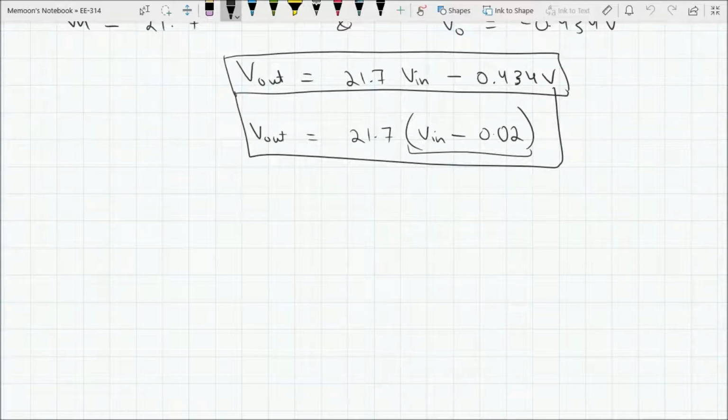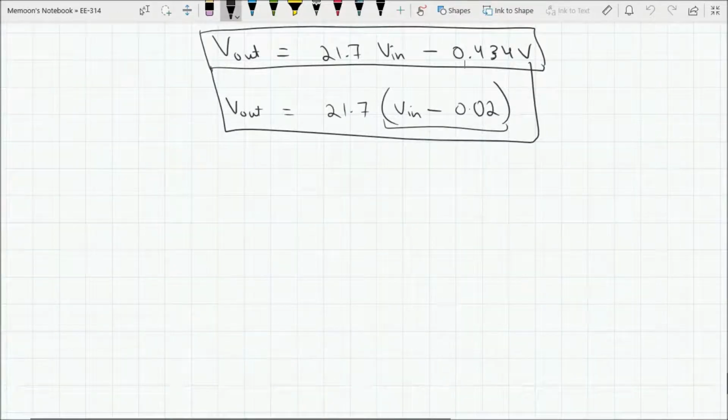You can do whatever you want. You can implement whichever equation you like. So let's see what the circuit should be that will implement this equation. Just for the sake of randomness, let's implement this second equation.